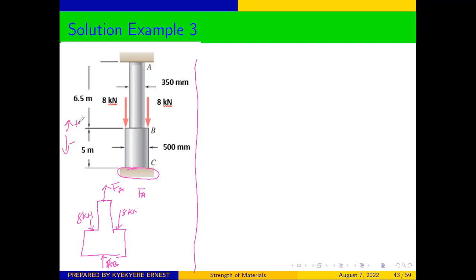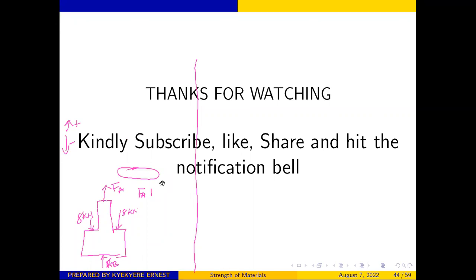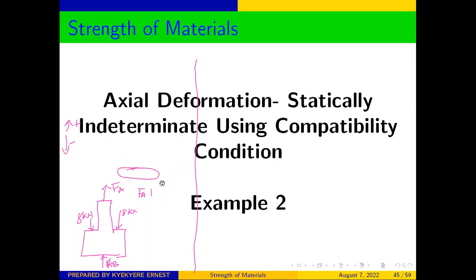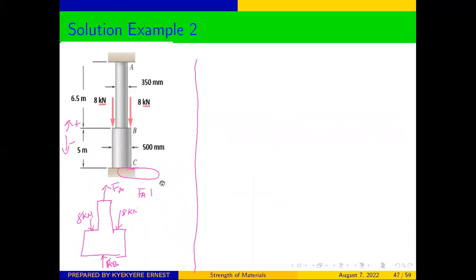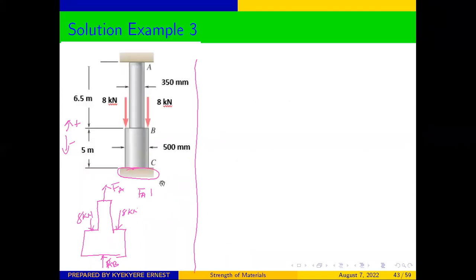So from there, you can see that FA plus FB minus 8 minus 8 will be equal to 0.